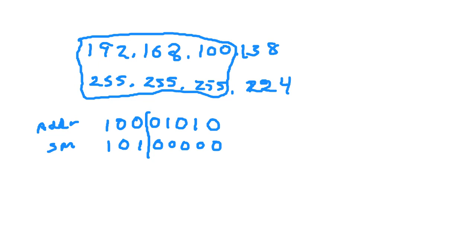So if I look up at this one, the only thing in the network area is there's a 1 in the first column, which would be the 128s. So my actual network address would be 192.168.100.128.